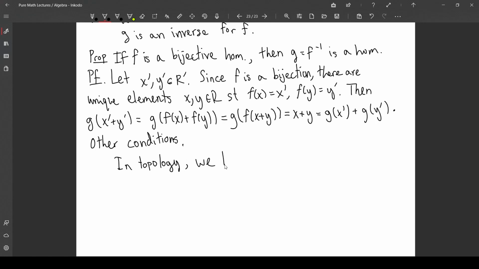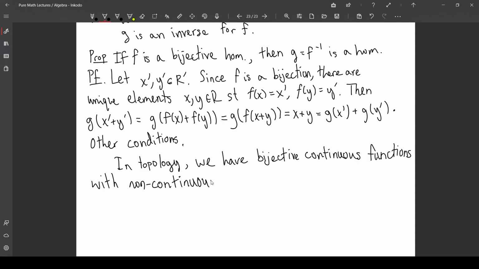we have bijective continuous functions with non-continuous inverse.